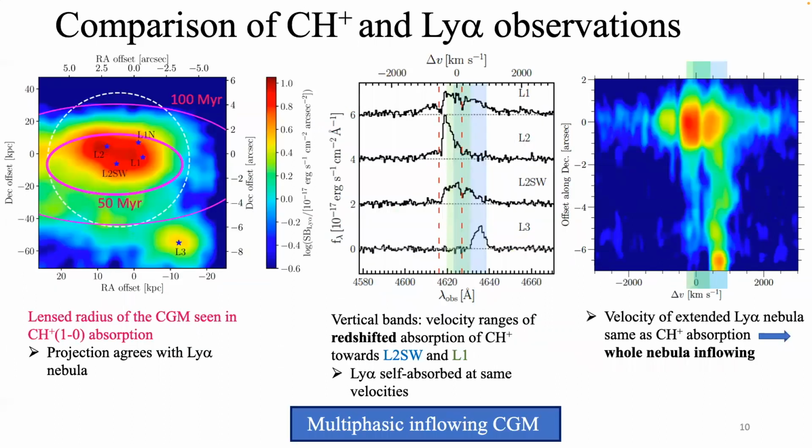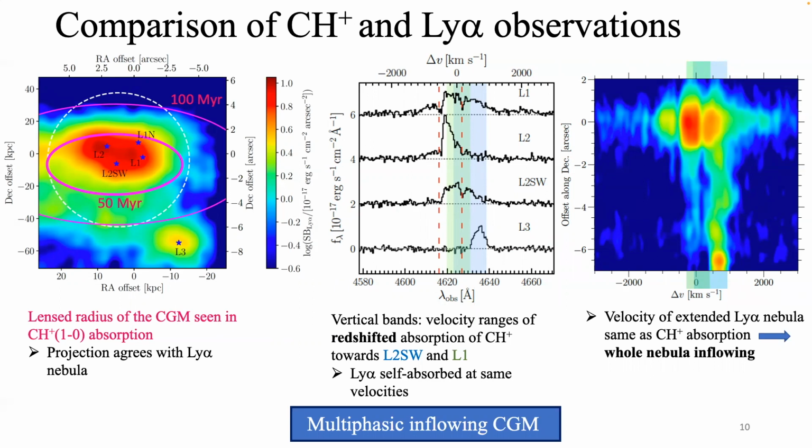So what do we learn from the comparison of CH+ and Lyman alpha observations? First of all, that the Lyman alpha emitting nebula and the extent of the CGM traced by absorptions of CH+ are commensurate, as we see in the plot on the left, where these magenta ellipses trace the extent of the turbulent reservoir calculated with two different durations of the starburst phase, and taking magnification into account.